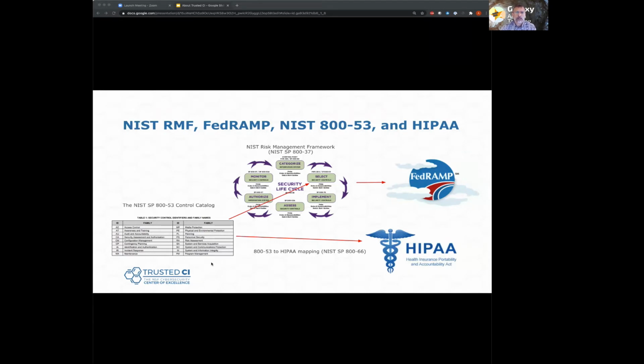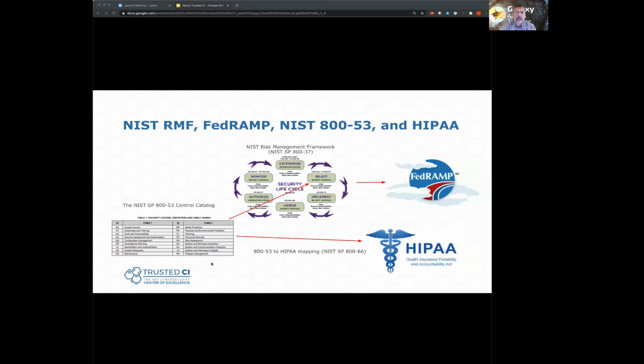Since a lot of computing has gone to the cloud, and because the government wanted to use the cloud, they set up a program called the FedRAMP program, which allows a cloud vendor to get a certification from the government to essentially be compliant with the RMF and 800-53.